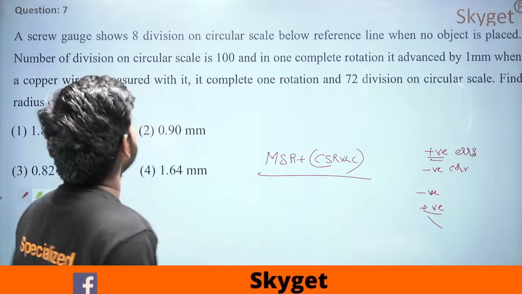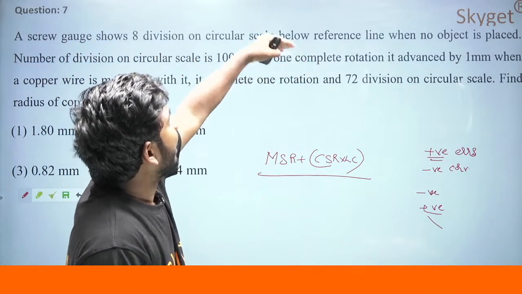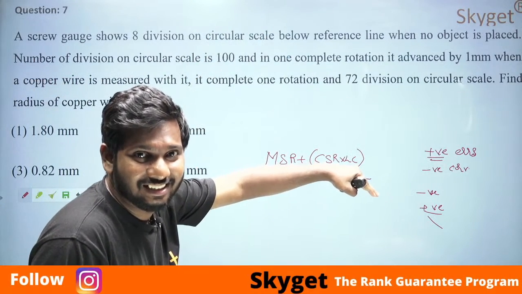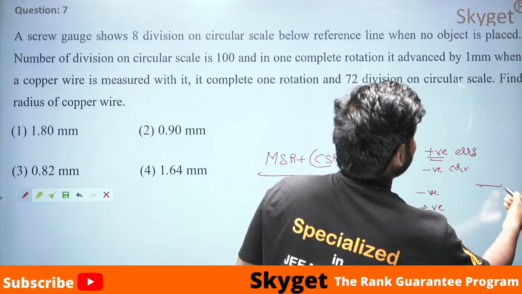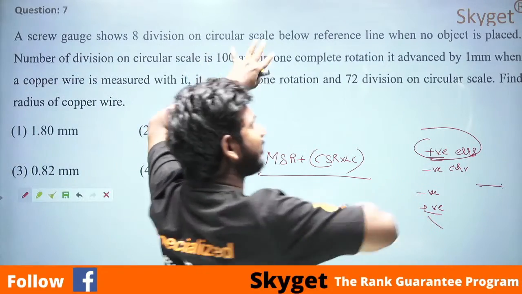So let us see here, students. A screw gauge shows 8 divisions on the circular scale below the reference line. So when the zero is below the reference line, the error will be positive.